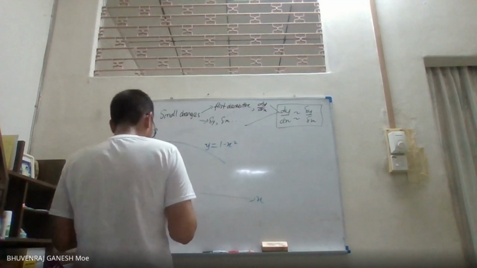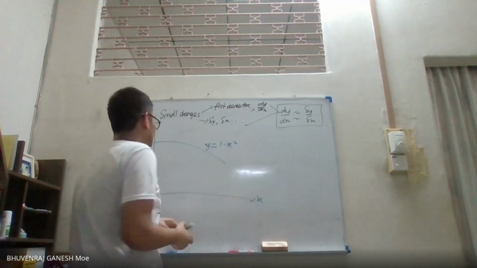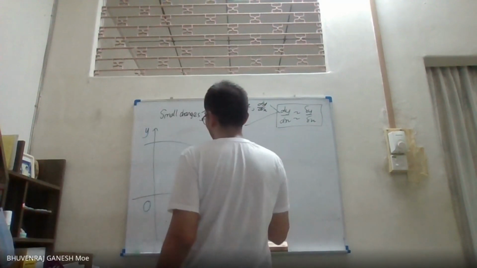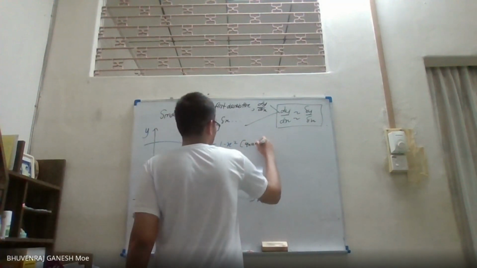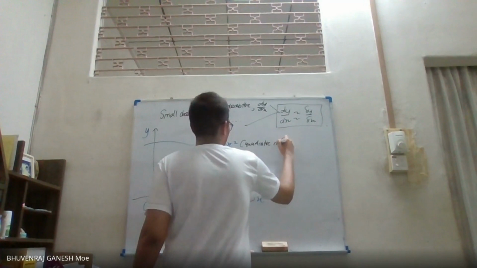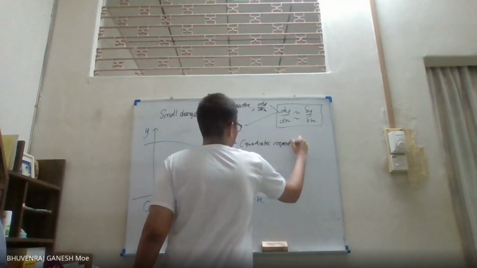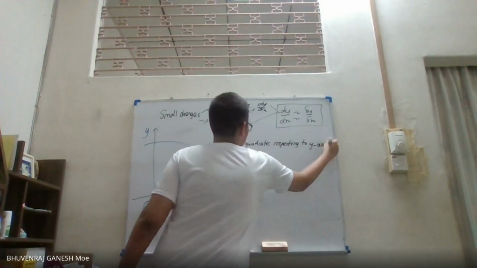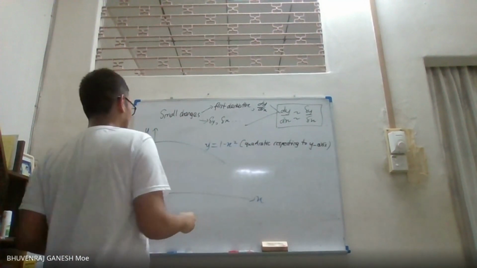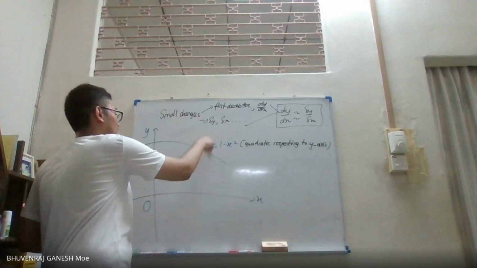So it's something like a quadratic curve, but it's on the y-axis. The quadratic respecting the y-axis. Usually the quadratic we have is respecting the x-axis, meaning it will come like this with a normal shape.